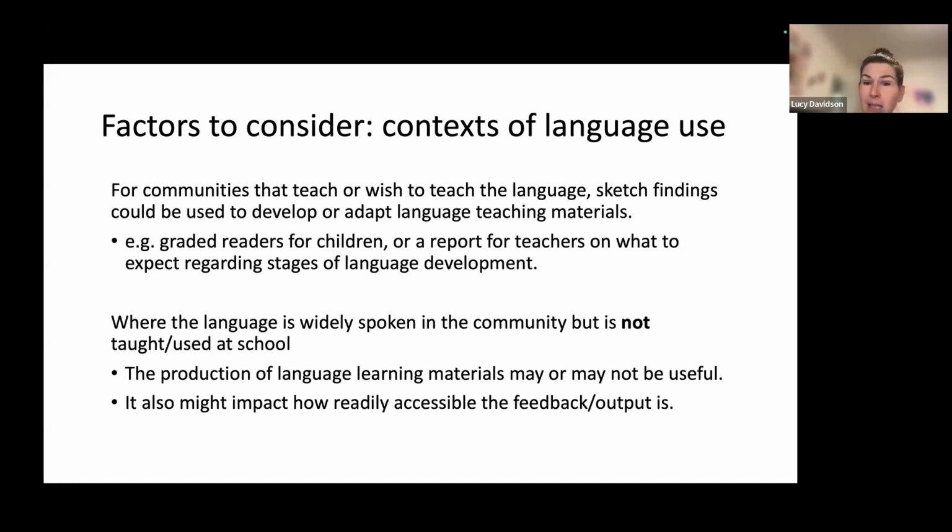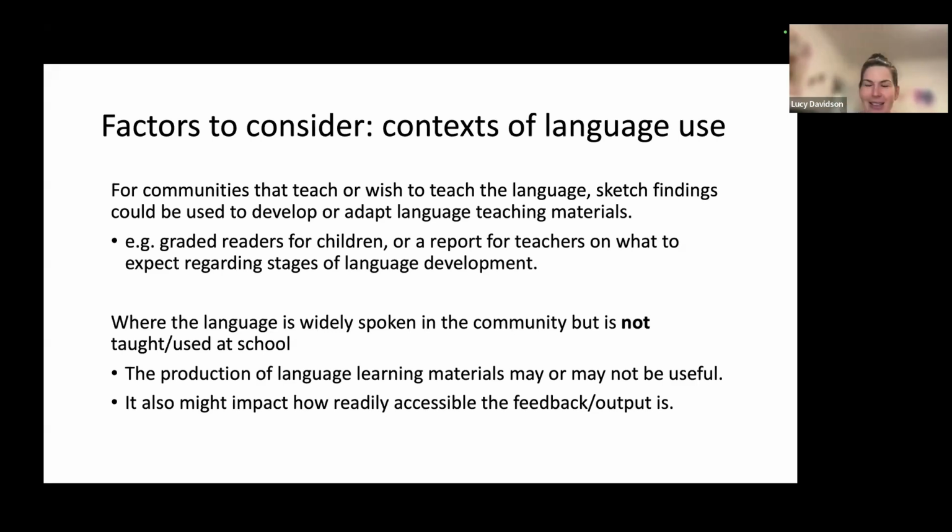Where the language is widely spoken in the community, but it is not taught or used at school, the production of language learning materials may or may not be useful. As we saw in the Carcat example of the children's picture book, that was produced ostensibly not for use at school, but it has been used at school.